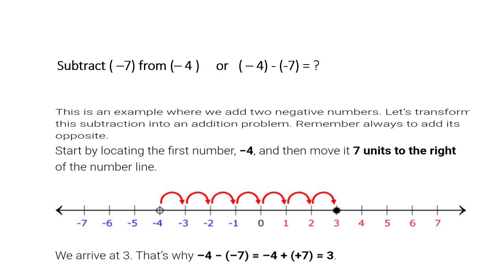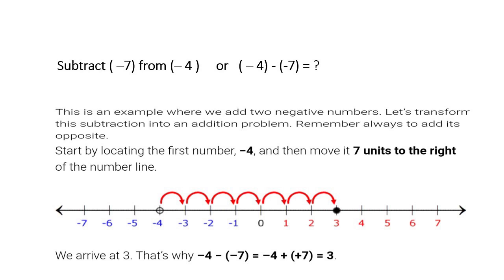Please notice that we have moved to the right here. Though the number is minus 7, we still moved right because the subtraction rule says that it has to be converted into an addition problem, and the sign of the number which has to be subtracted is to be changed. So minus 7 changes to plus 7.